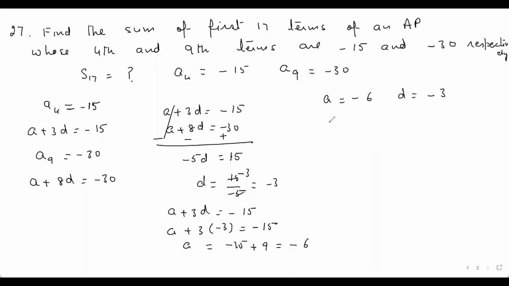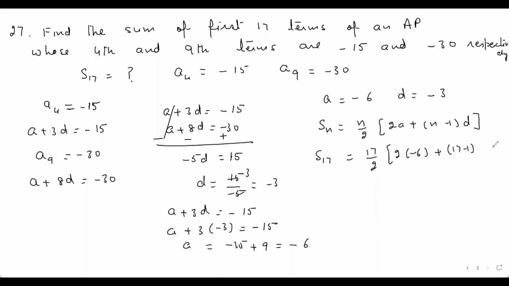Now I have to find S17, and the formula for Sn is n by 2, 2a plus n minus 1 d. n is equal to 17. So S17 is equal to 17 by 2, 2 into minus 6 plus 17 minus 1 into minus 3.